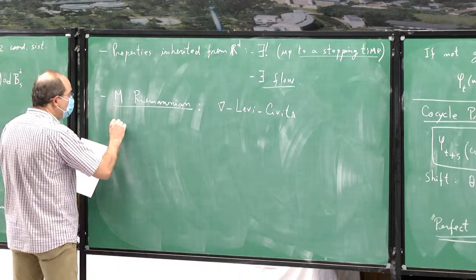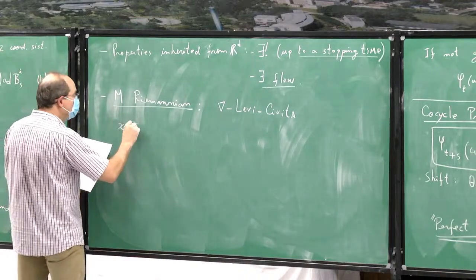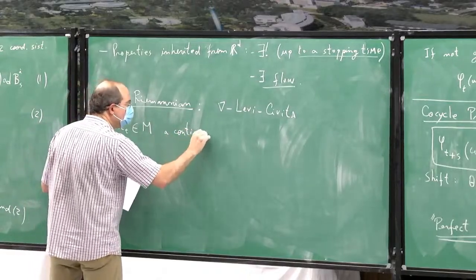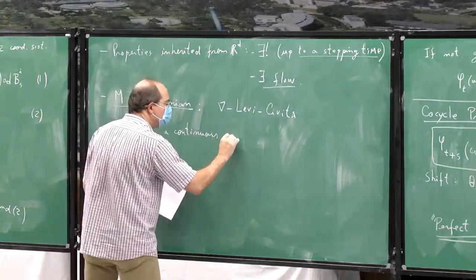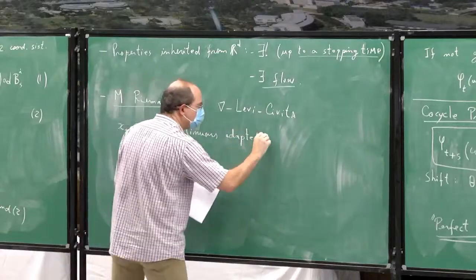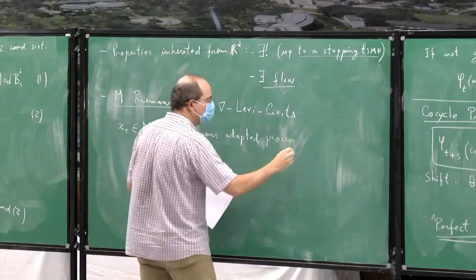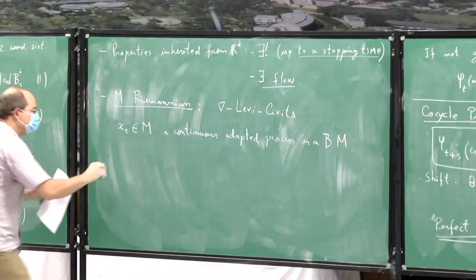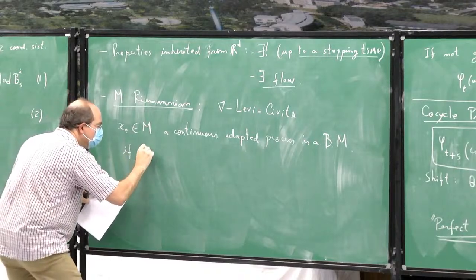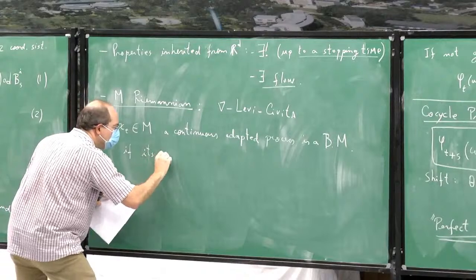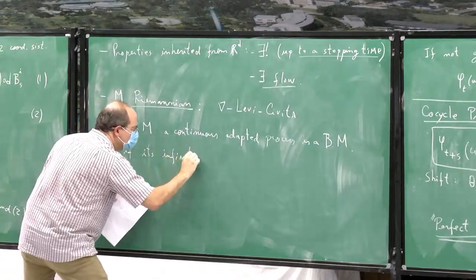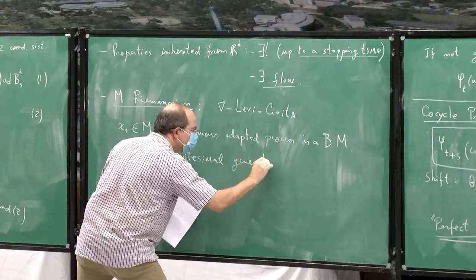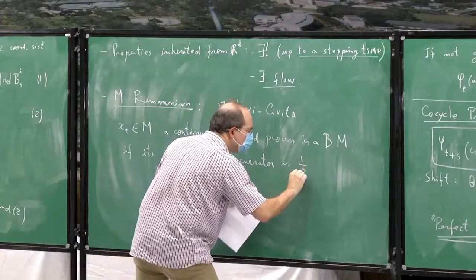And we say that X_t in M, a continuous adapted process, is a Brownian motion if its infinitesimal generator, as a Markov process, is half of the Laplacian.